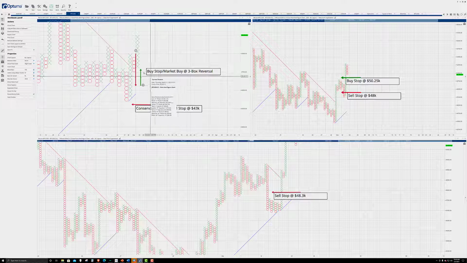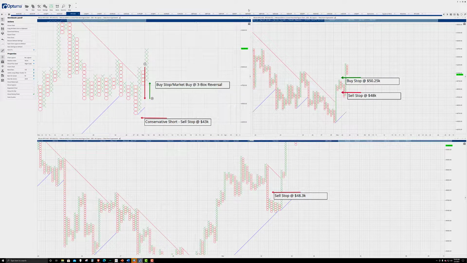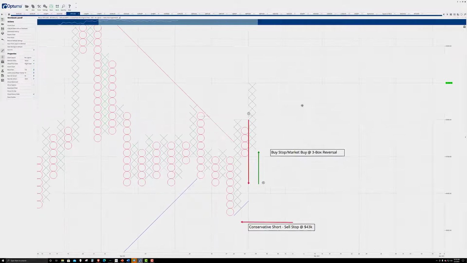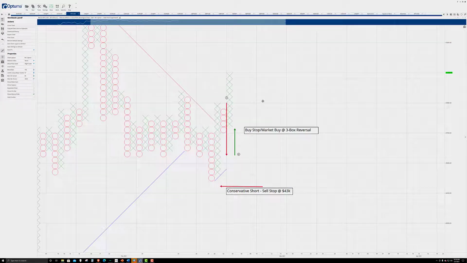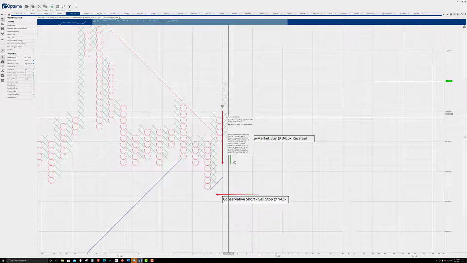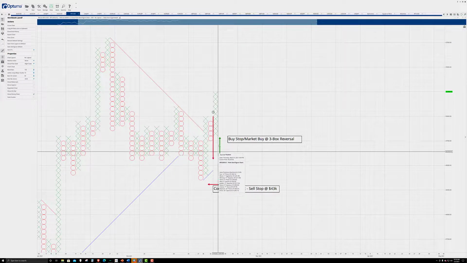On the $500 three-box reversal chart on the top left, we looked at a scenario occurring over here, this was the column that we were looking at yesterday. In that article, the column looked like this, just a column of X's. We did not see this column of O's or this column of X's, and I had these arrows drawn.